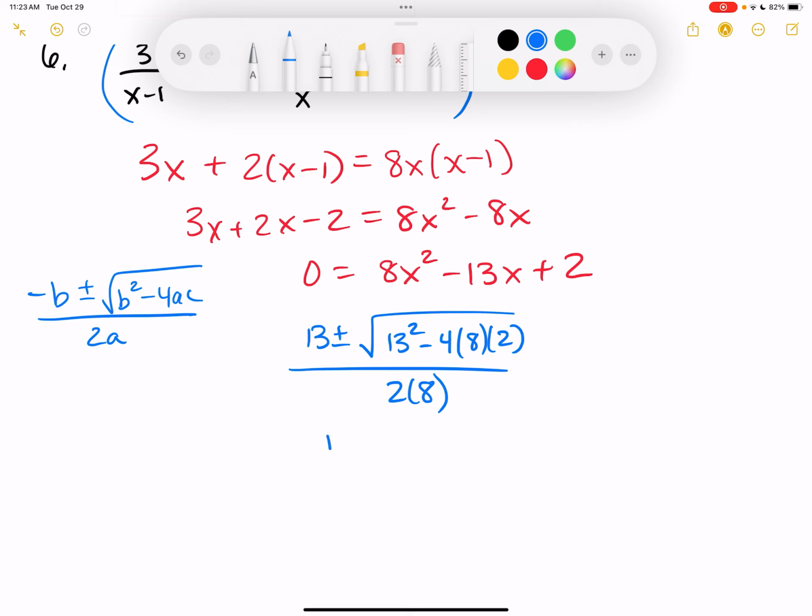I've got 13 plus or minus the square root of 169 minus 64, so 105, over 16. So this is giving you your two separate answers right here.